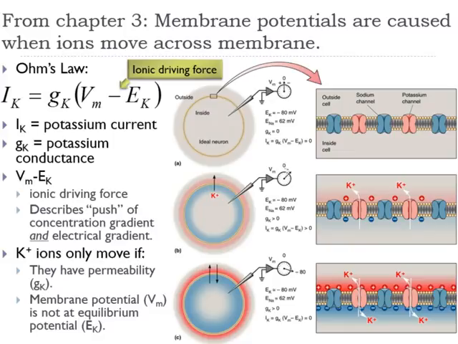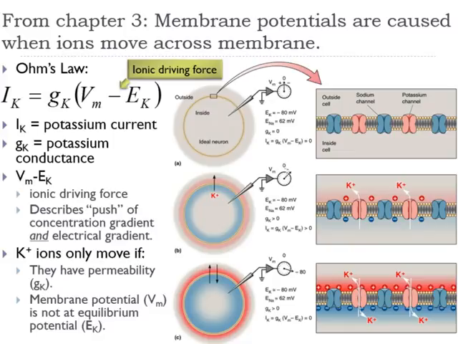In this case, so many potassium ions have left that there are a lot of positive charges just outside the membrane, and the inside of the membrane is quite negative. Now potassium ions are leaving the cell by their concentration gradient at the same rate that they're coming back in by the electrical gradient. So our membrane potential has moved to minus 80. Here, the voltage of the membrane is now minus 80.